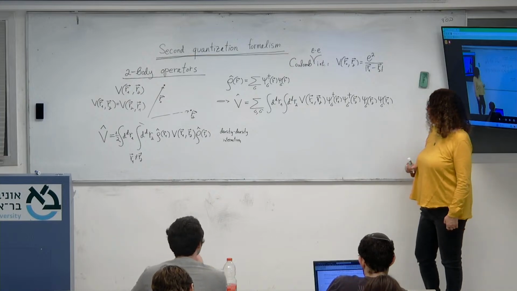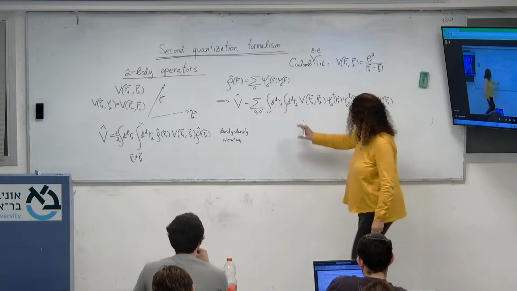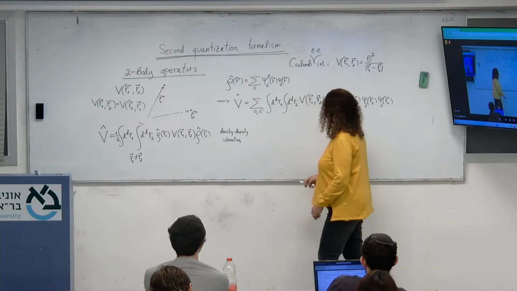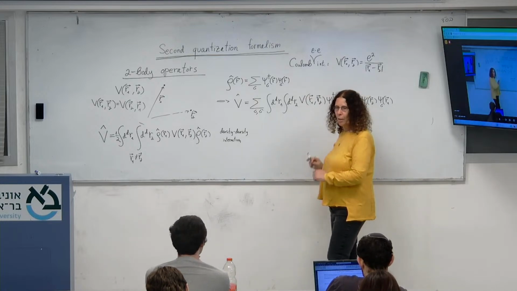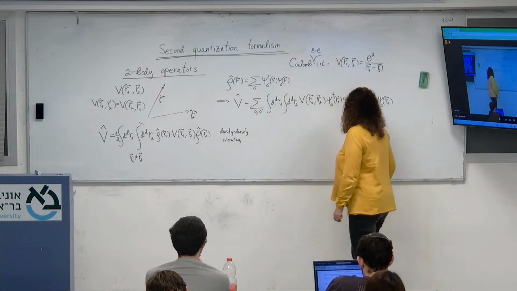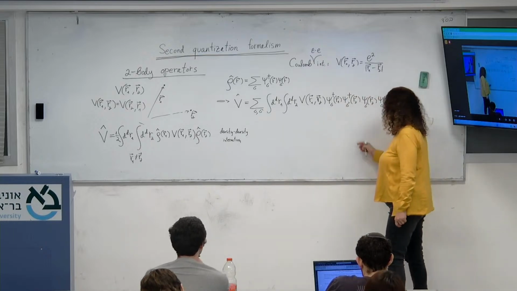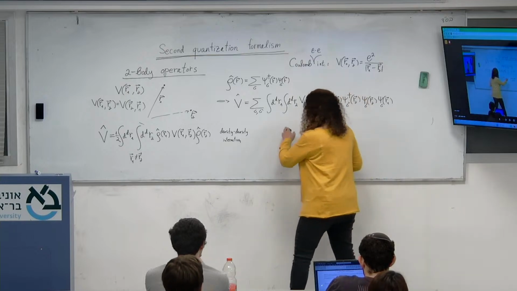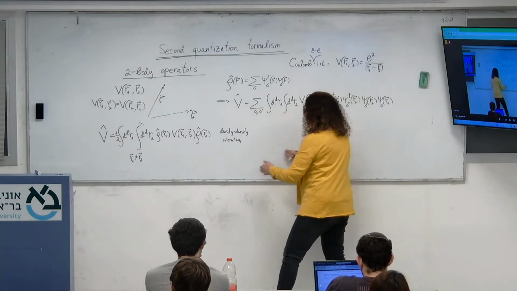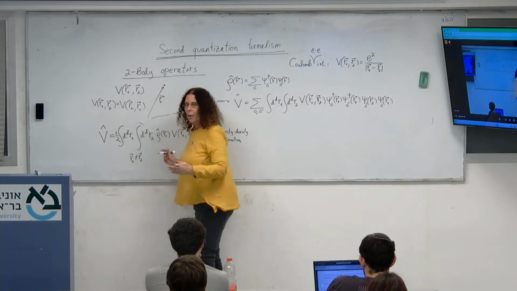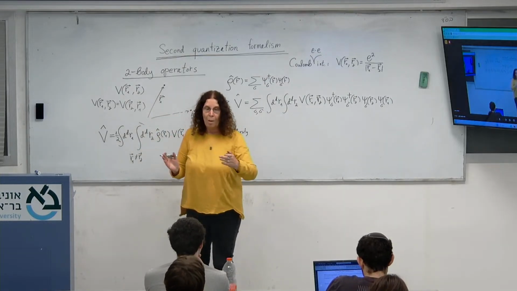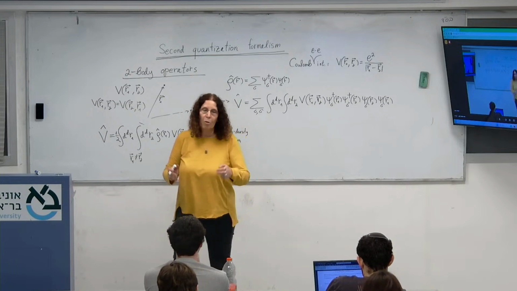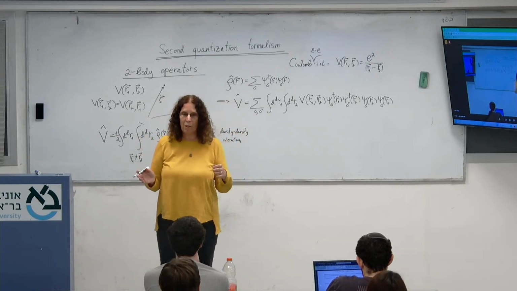So what did I do here? Notice that if I just plug in the expression for each density, I get a psi dagger psi, psi dagger psi. What I did here, and actually this thing is equal to that only up to some single-body term.